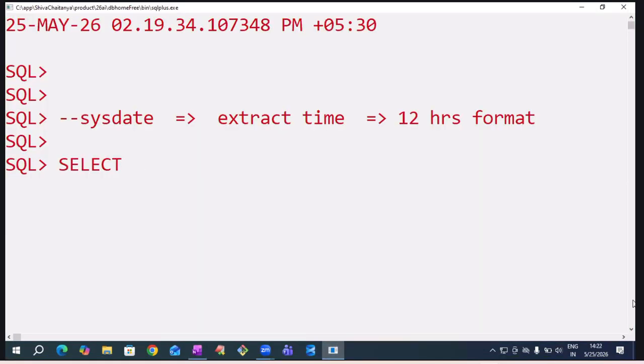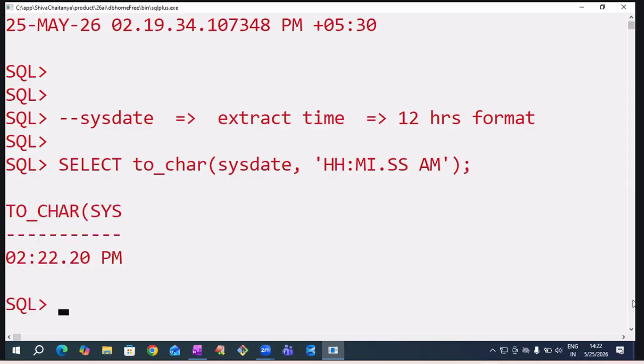What we have to write? To_char of sysdate, comma, hours in 12 hours format HH, colon, MI to get minutes, SS to get seconds, AM to get AM or PM. So we are getting time in 12 hours format.